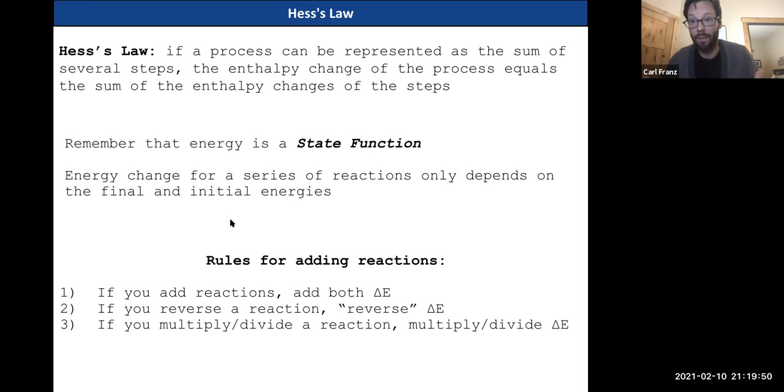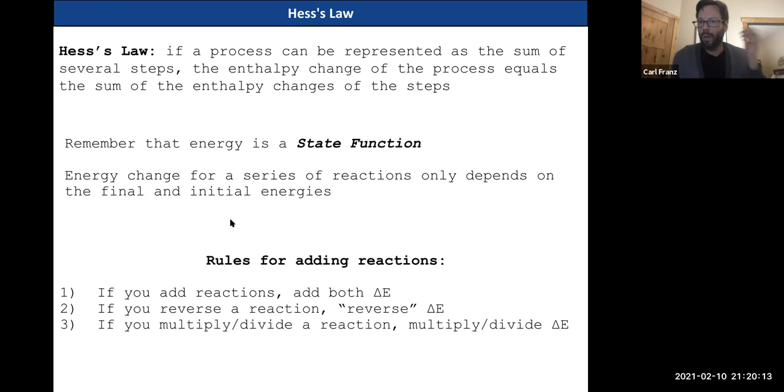Because again, these are state functions, right? It doesn't matter how you get to something. All it matters is what you get to from where you started, right? And so again, if you add reactions, you're going to add their change in energies. Okay.